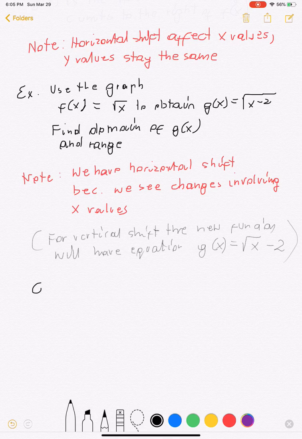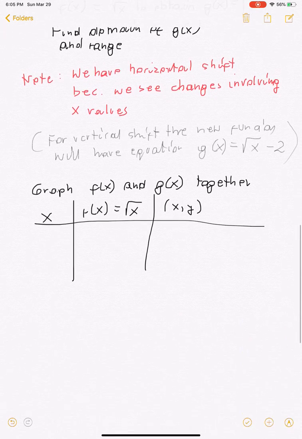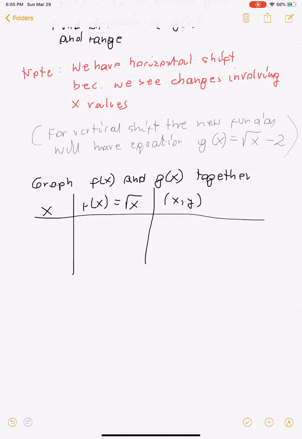So graph f of x and g of x together. Let's create the table of values. We have x, f of x equal to square root of x, and the last column will be points x comma y. Let's pick 3 points.